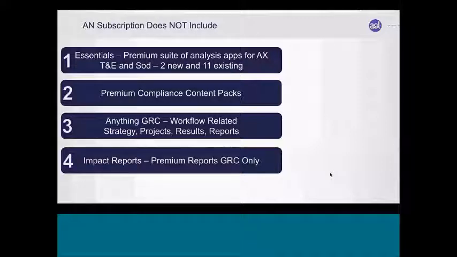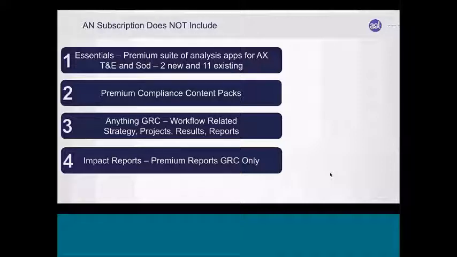The last thing in the GRC platform as well is there's something called impact reports. So we've added an ability to report into Microsoft Word and Microsoft PowerPoint. There were a couple reports added in your Results area of your project. So we add ACL built reports, but there's a lot of customers that will have board mandated or oversight body mandated reports where you say, can you match this report exactly?